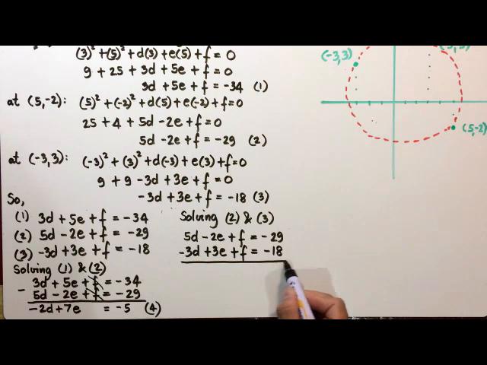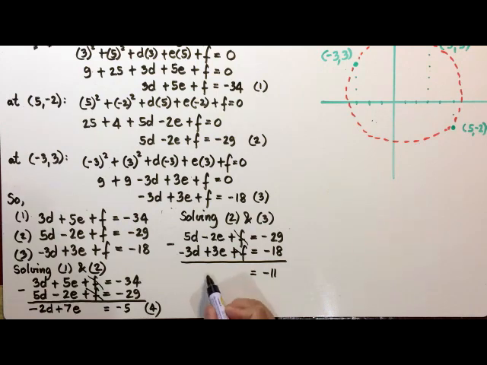If I subtract these two equations, minus 29 minus the negative 18 is the same as negative 29 plus 18, and the result is negative 11. And f minus f cancels. Minus 2e minus 3e is minus 5e. And then 5d minus the negative 3d is the same as 5d plus 3d, which is 8d.